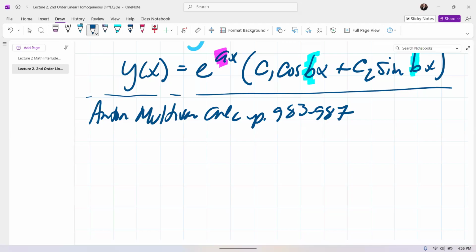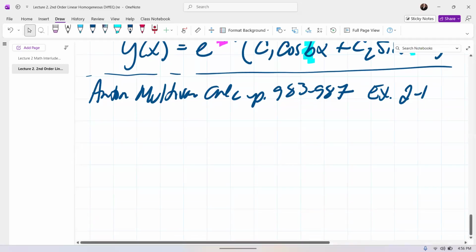This is example 2-1. You can read through that if you want to see a different way of doing this. We will go ahead and solve that together right here, right now, so that we can see how to do this thing.